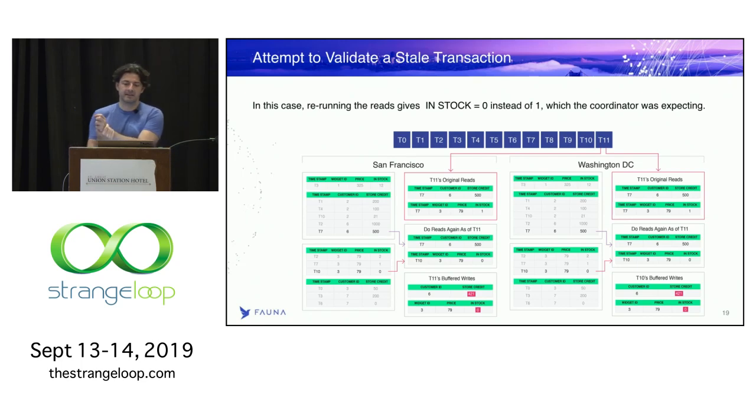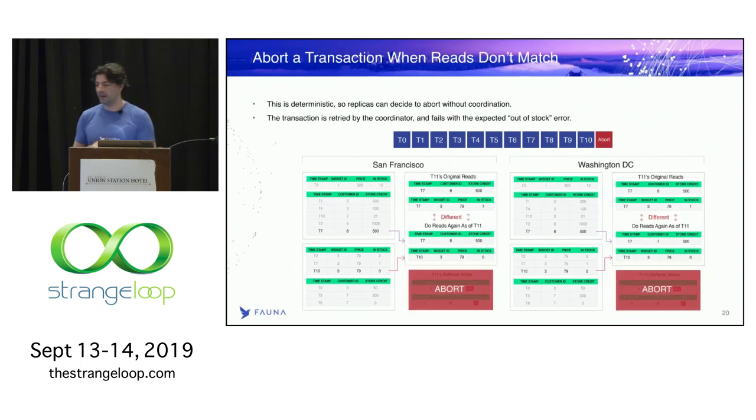So it means that transaction 11 lost to transaction 10 on the optimistic concurrency check, so it needs to abort. And it can deterministically abort both in San Francisco and Washington, D.C. So this transaction at this point is aborted.